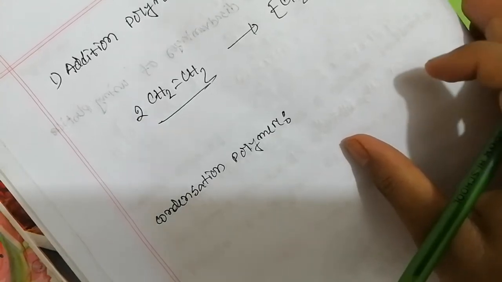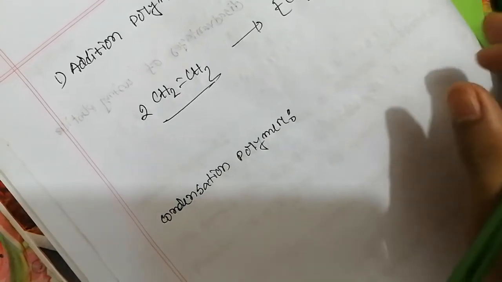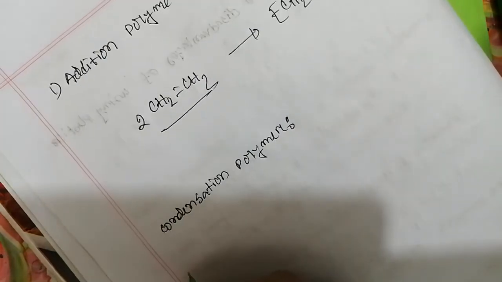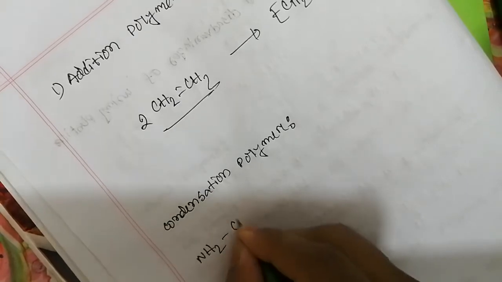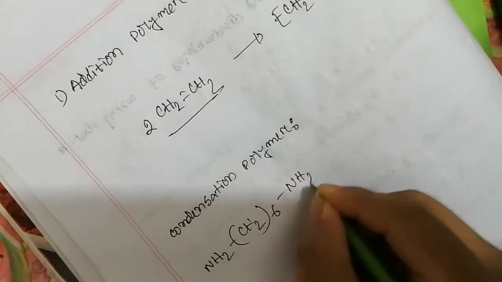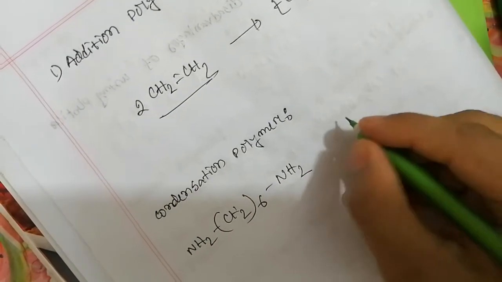Production of nylon 6,6 is an example of condensation polymerization reaction. Here adipic acid reacts with hexamethylene diamine, NH2-(CH2)6-NH2.